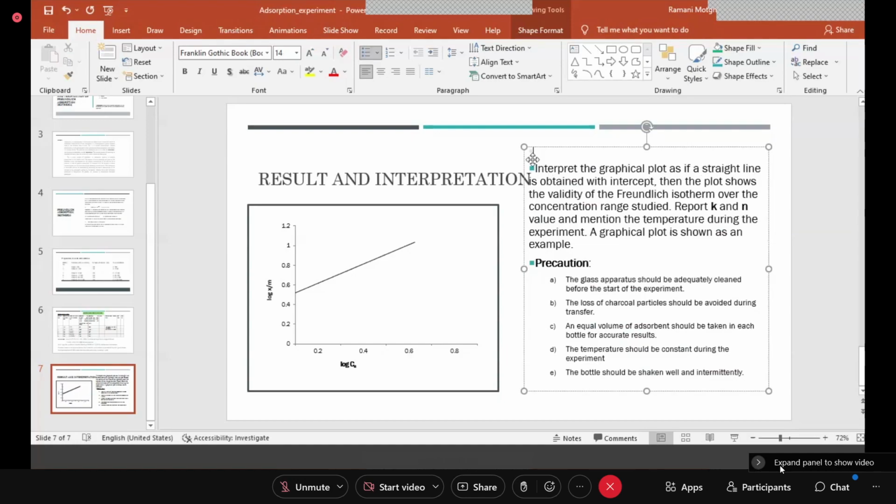Not only this, you should plot X by M versus CE and log X by M versus log CE.